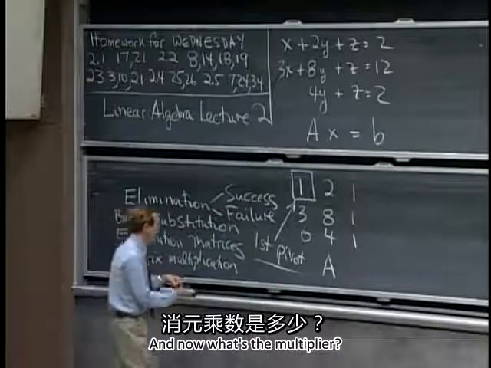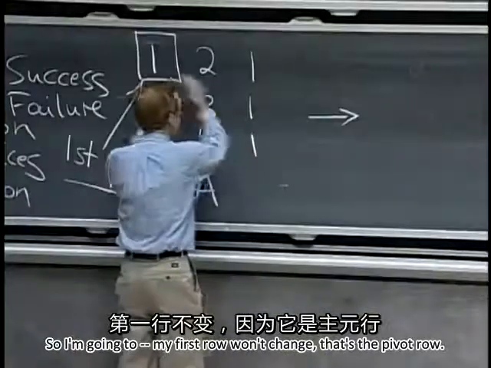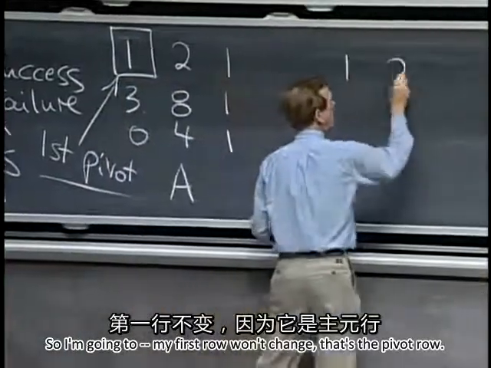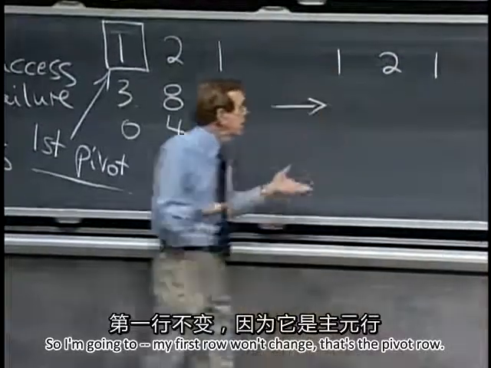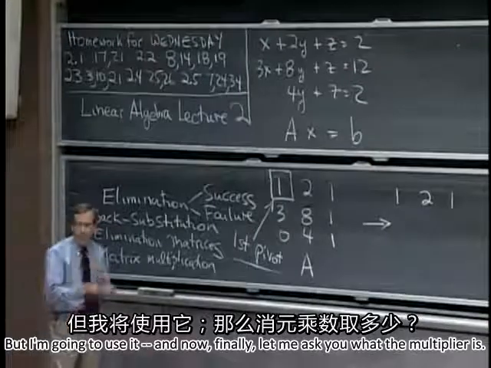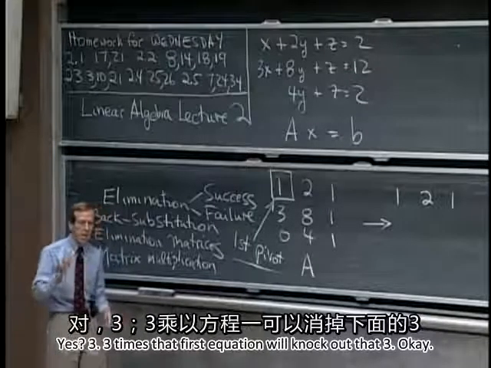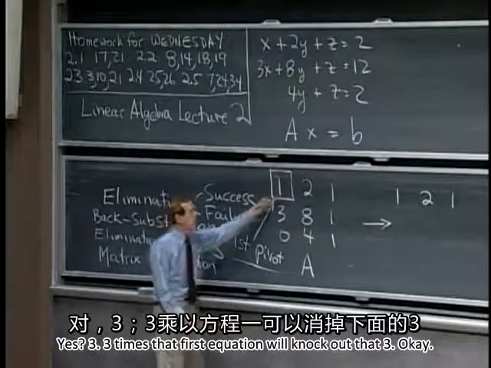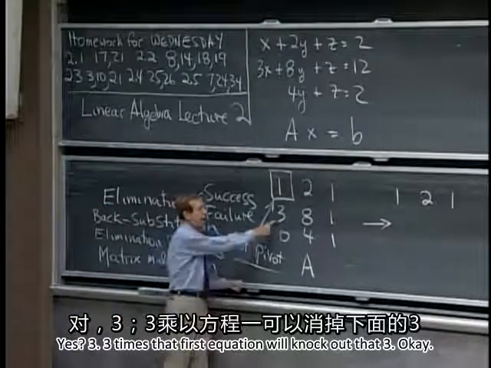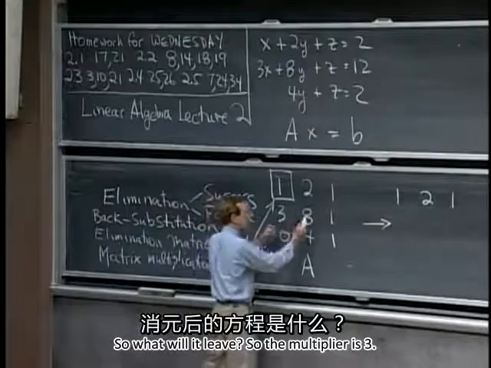My first row won't change, but that's the pivot row, and I'm going to use it. Now finally let me ask you what the multiplier is. Yes? 3. 3 times that first equation will knock out that 3. So the multiplier is 3.